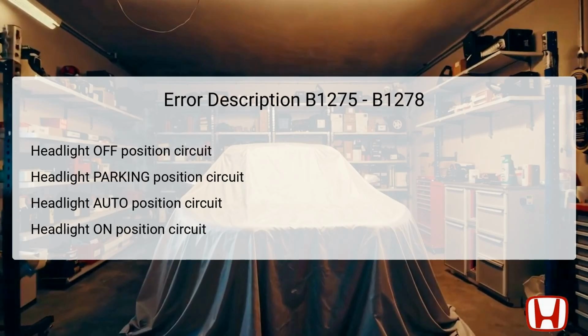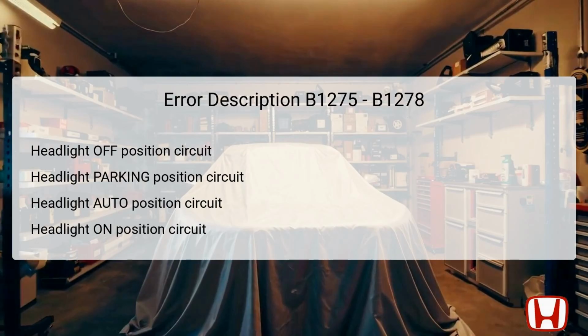The headlight off position circuit is responsible for ensuring that headlights turn off when no longer needed, thereby conserving battery life. The parking position circuit manages the activation of parking lights, while the auto position facilitates automatic headlight operation depending on environmental conditions. The on position guarantees that headlights are illuminated when required.